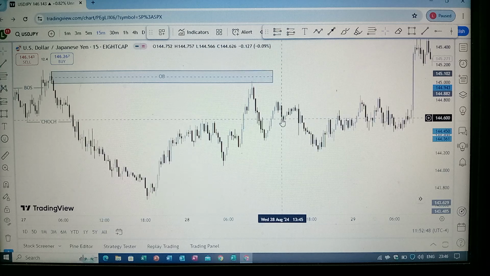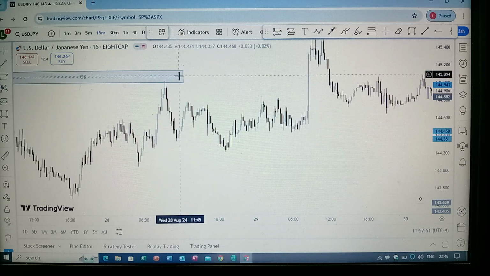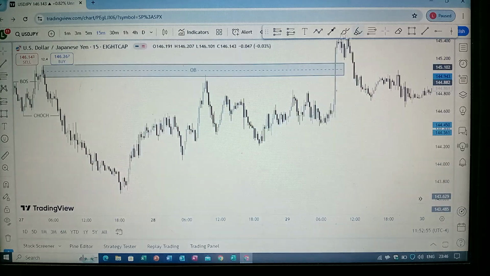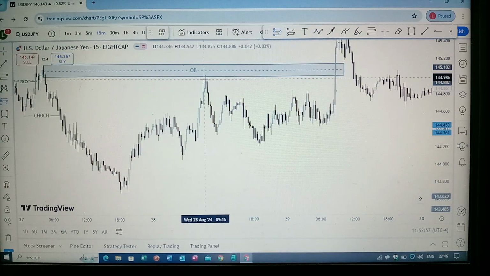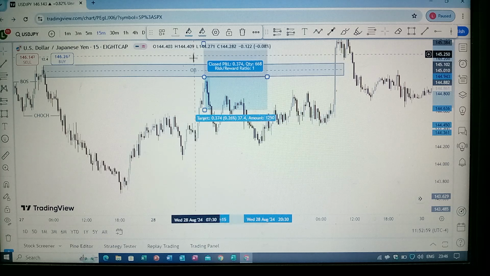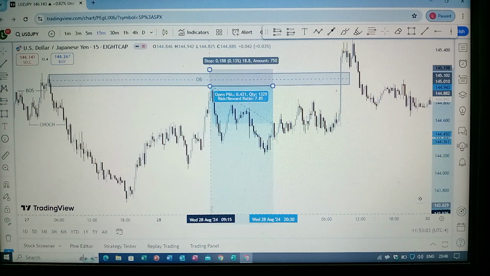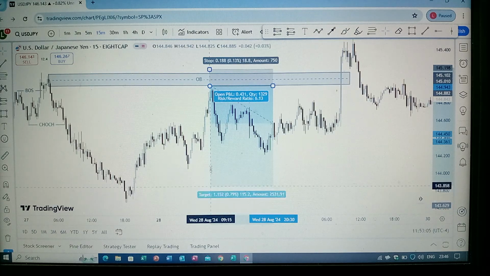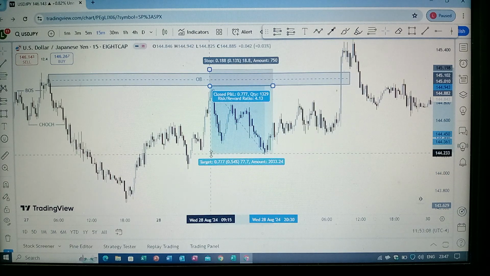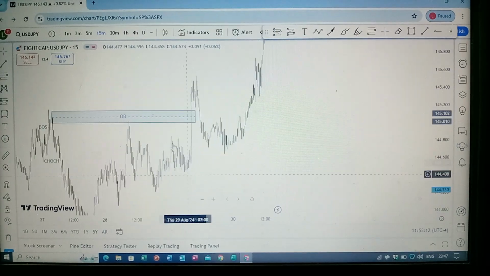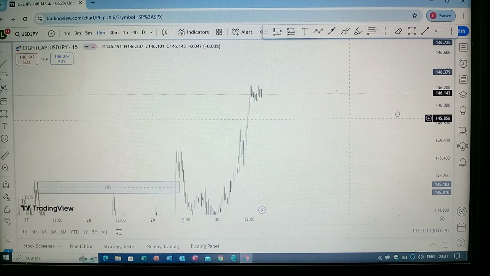But I got stopped out, and it is what it is, man. I was looking to stop just below these highs and target this low down here, but overall, my full 1 to 5, we didn't catch that. We broke structure and we went up.